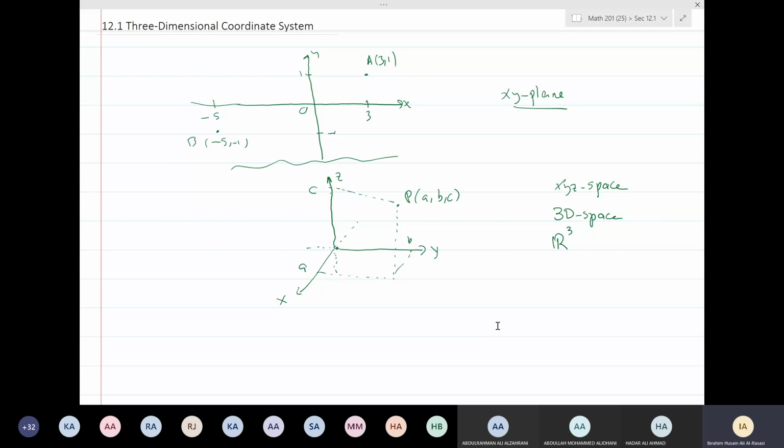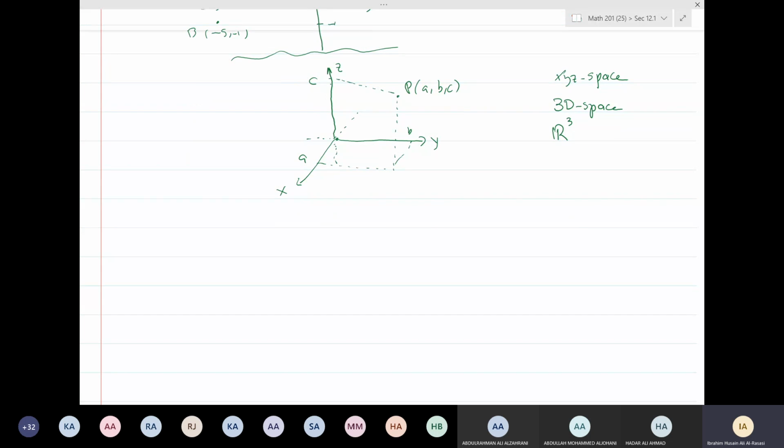The main point here, which is very simple, but very important, is to know how to locate points. So if I choose, for example, the point 1, 2, 3, how to locate this point in space? So you draw the space.